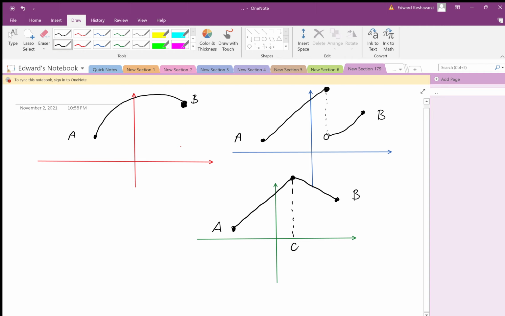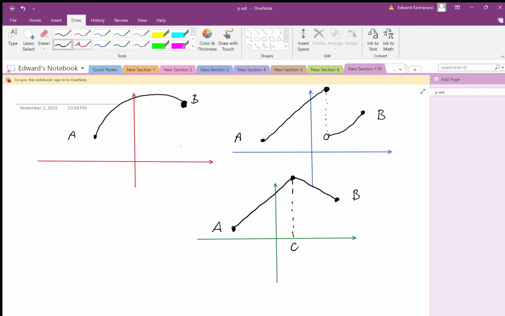We explained already that at corners or sharp points, the derivative does not exist, because the derivative is the ability of drawing a tangent line, but the tangent line at C does not exist, or it's not unique.